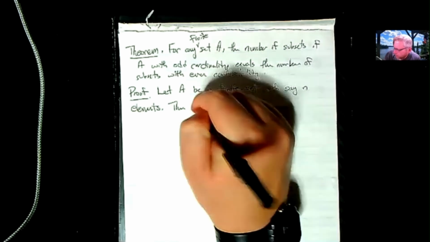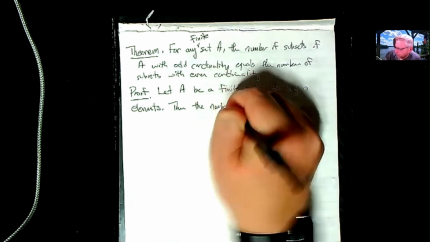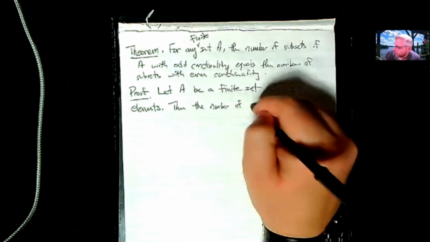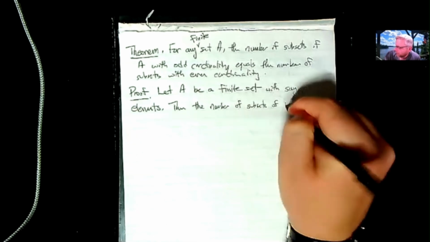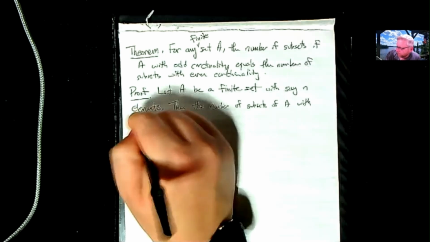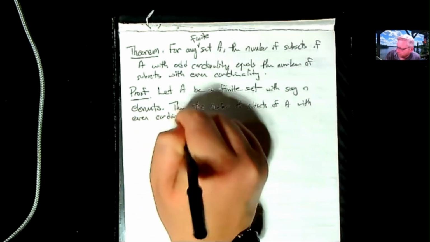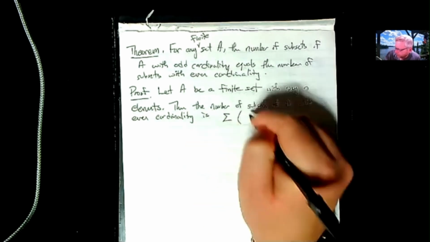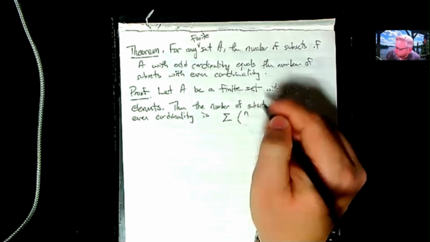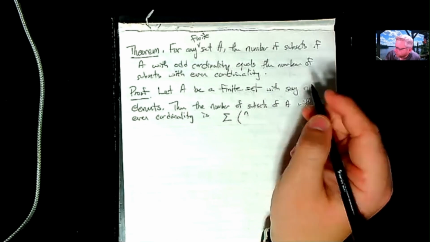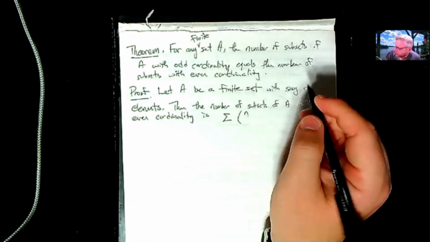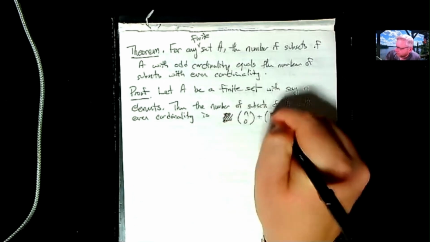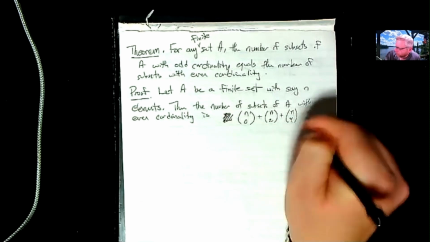Then the number of subsets of A with even cardinality is n choose 0 plus n choose 2 plus n choose 4 plus dot dot dot.